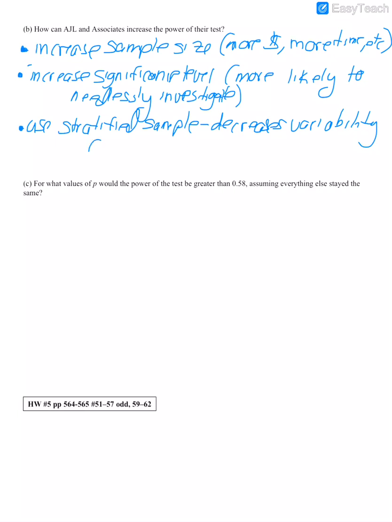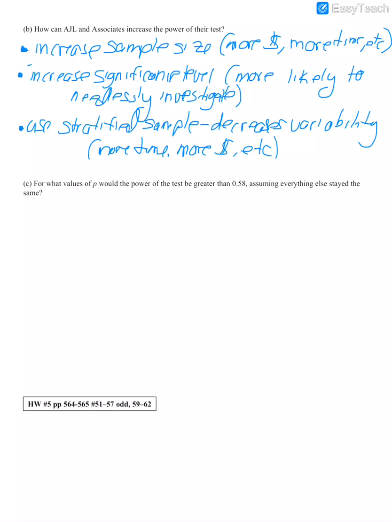But the downside to that, again, similar to increasing sample size, it's just going to take more time, cost more money. So more time, more money, and so forth. All right.